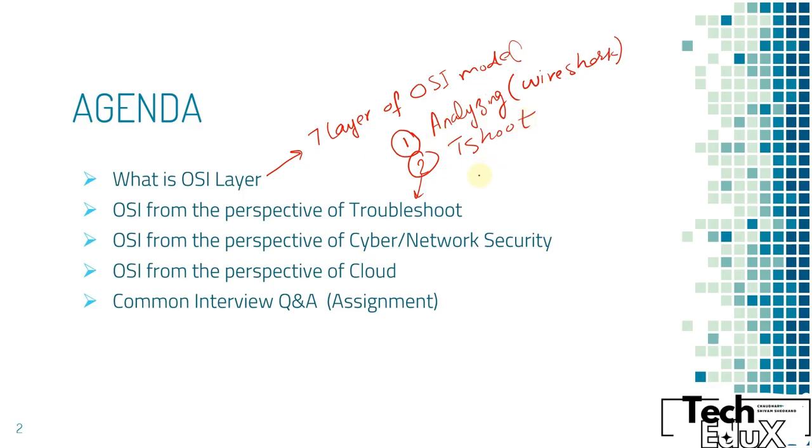This is going to be a program for beginners, so we do not want to go into a lot of detail. We will just be scratching the surface of every topic that we are going to cover in this session. The third very important aspect is network security.